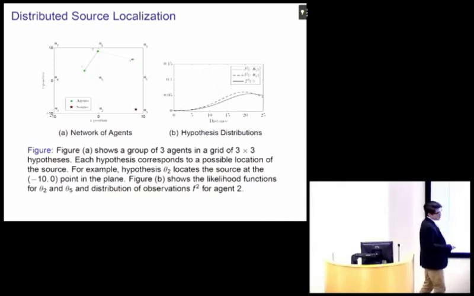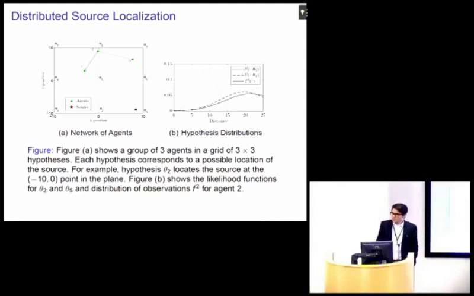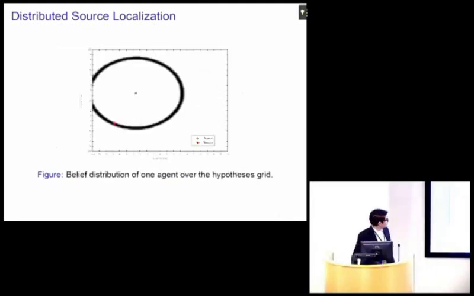So throughout this talk, we're focusing on the case where individual agents do not have the capability to detect these larger network size events. So that's why we need to cooperate. Imagine you have only one agent. The only thing we can say about the position of a source is, okay, this is within this radius, right? Because we only have distance sensors.